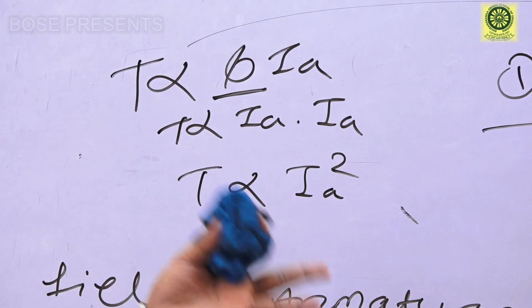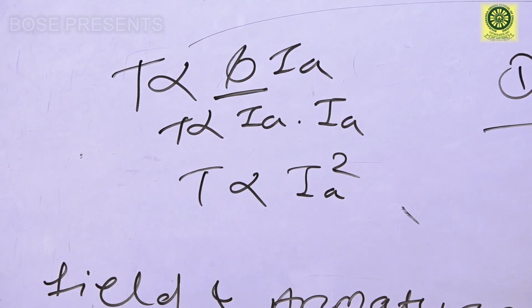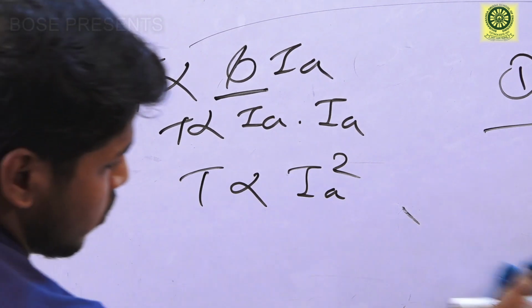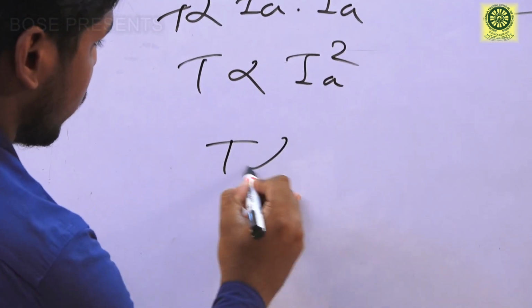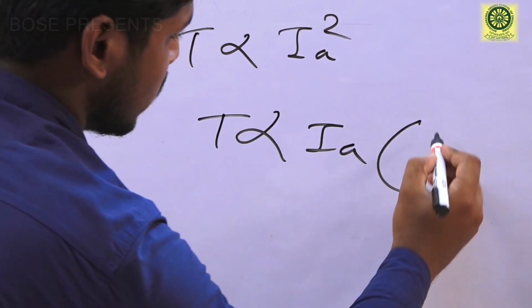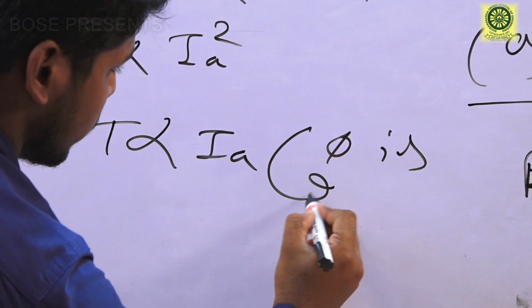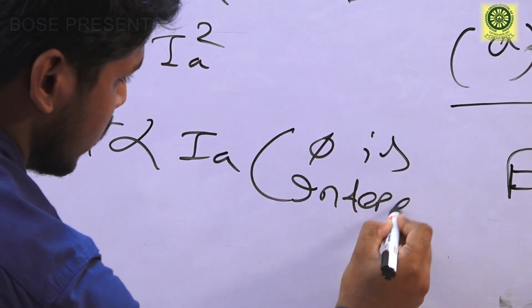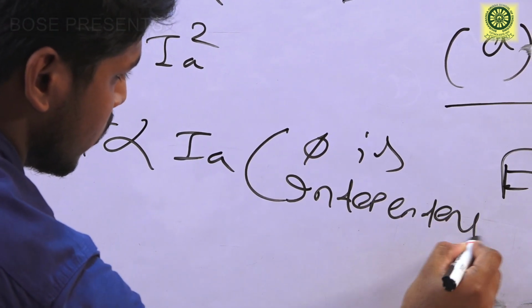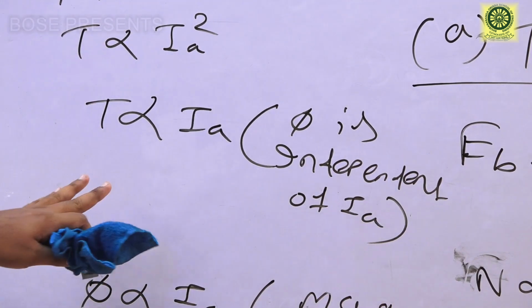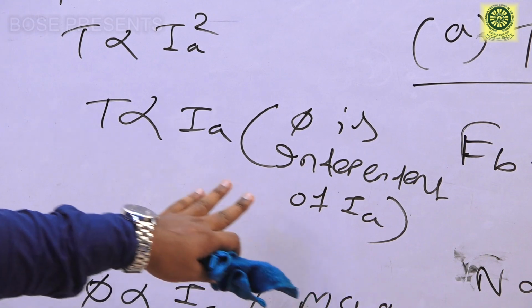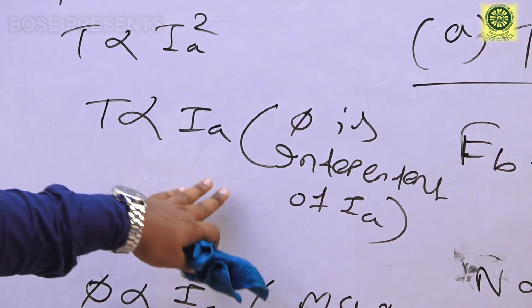After the saturation, as phi is independent of Ia, T is proportional to Ia.